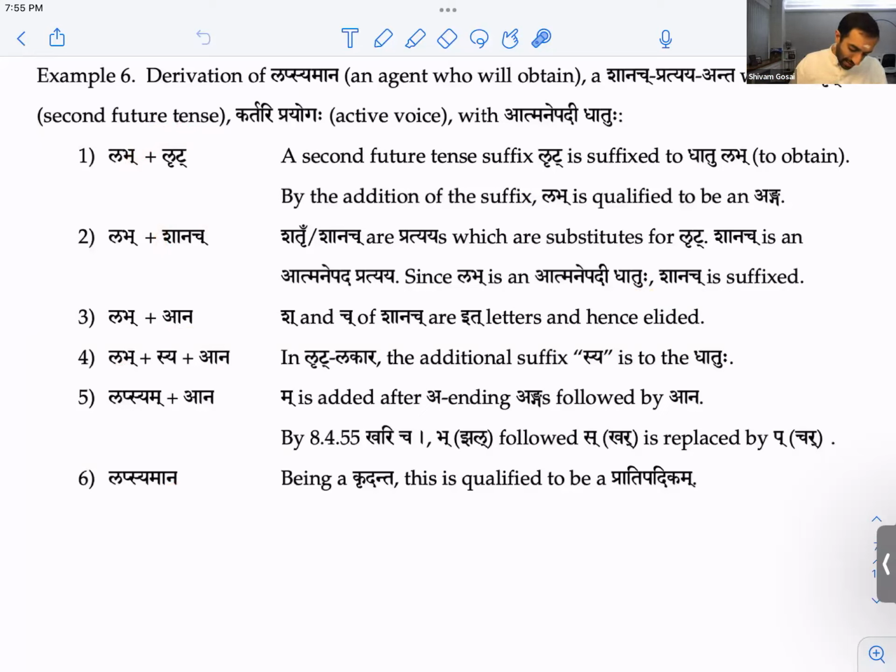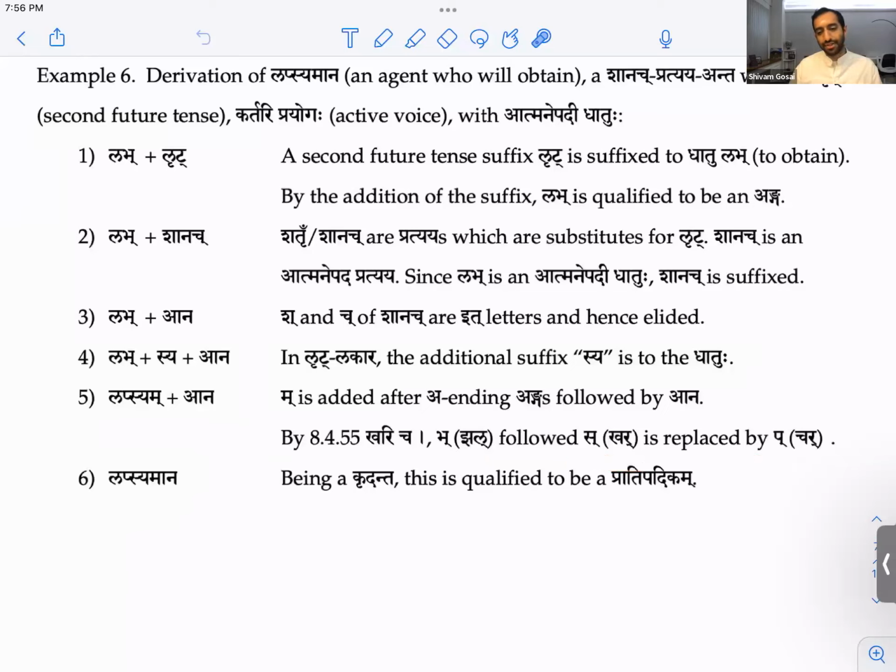Now it'd be labsya ana almost, right? What happens is that when labsya comes together, ma is still added. So it's labsyam. But you'll notice that bakara becomes pakara. That's another sandhi rule: ba followed by sa is replaced by pakara.